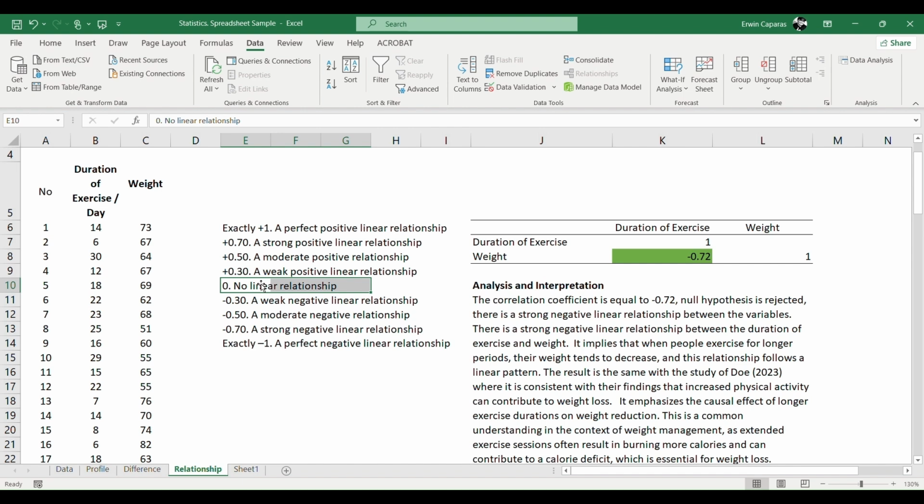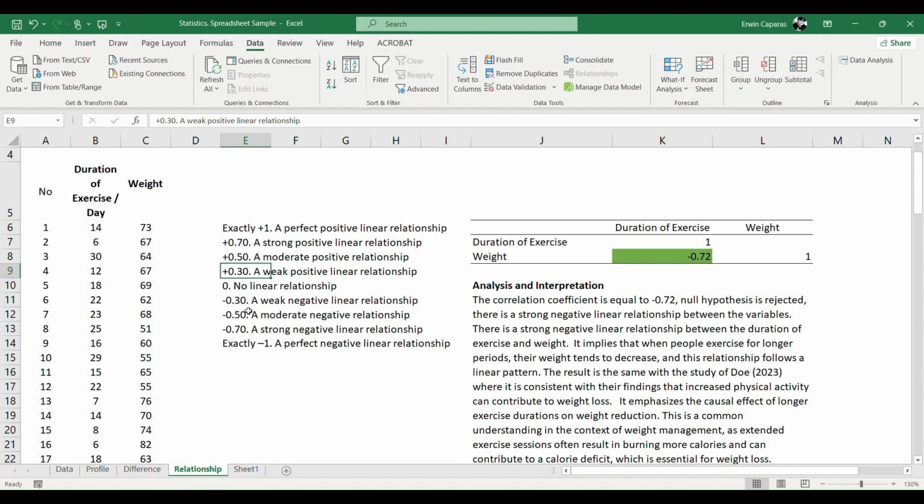Okay? If the correlation R value is greater than 0.3, then it means it has a weak positive linear relationship. If it is greater than 0.5, then there is a moderate positive linear relationship. And then 0.7, a strong positive linear relationship, and exactly at 1 is a perfect positive linear relationship. The same is true if there is a negative relationship.